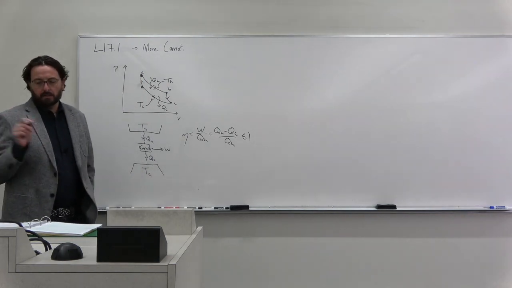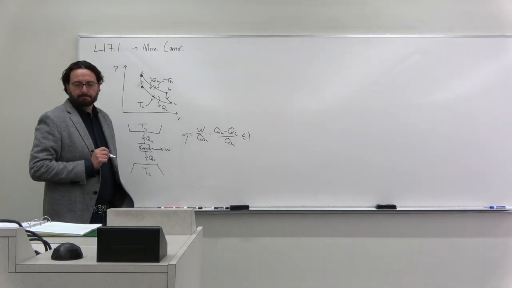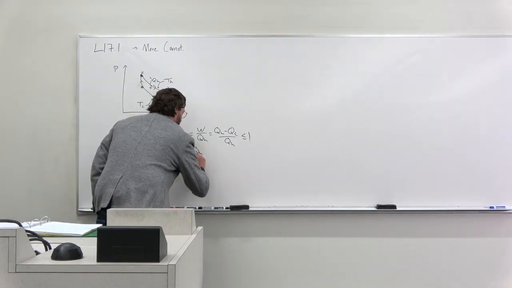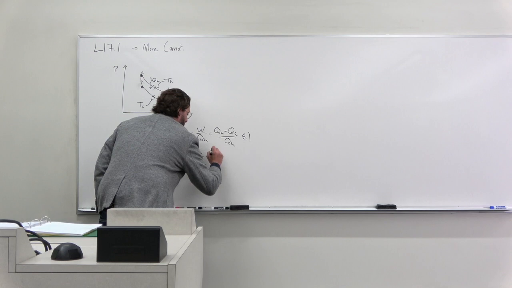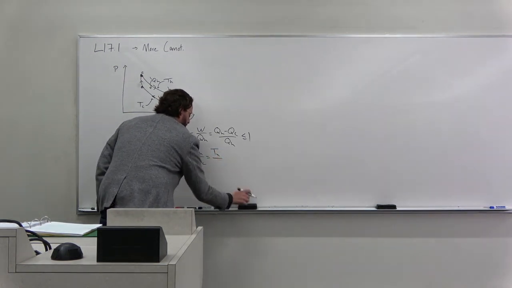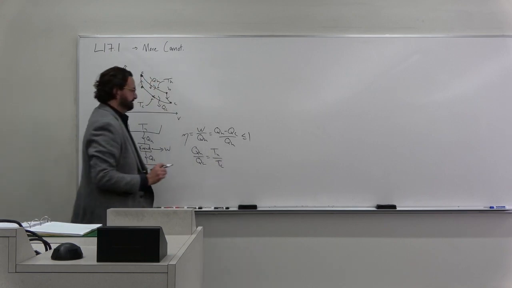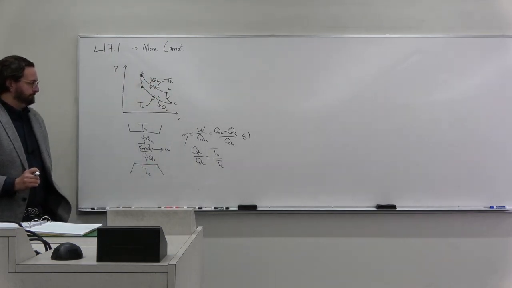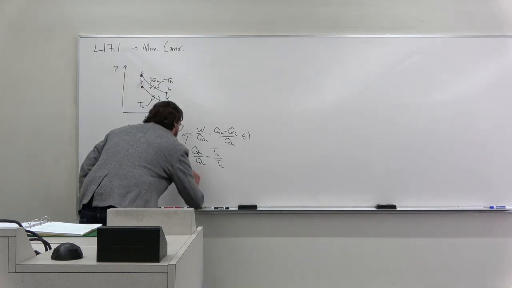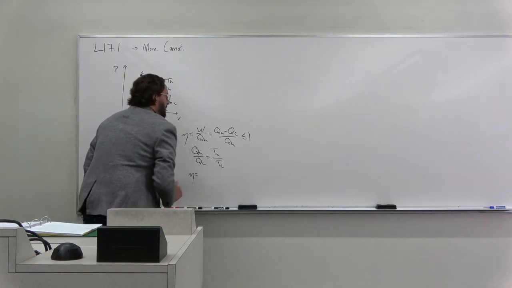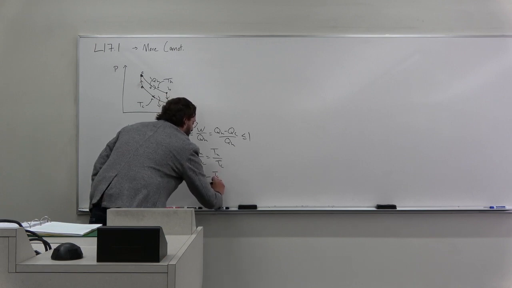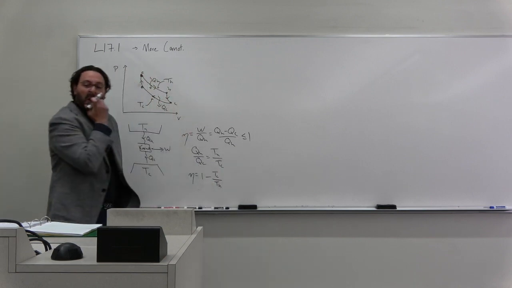And we actually showed that for an ideal gas, QH over QC was equal to TH over TC. And so we could rewrite this as eta was 1 minus TC over TH.